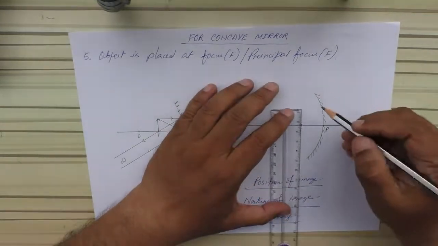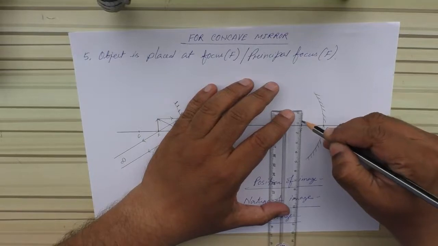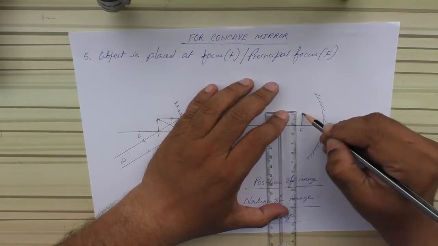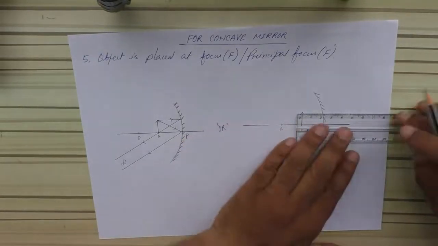There is another way of drawing the same diagram where object is placed at focus, a ray of light incident parallel to the principal axis.